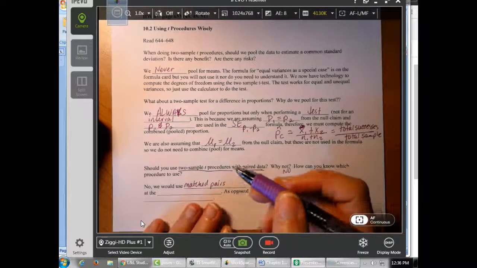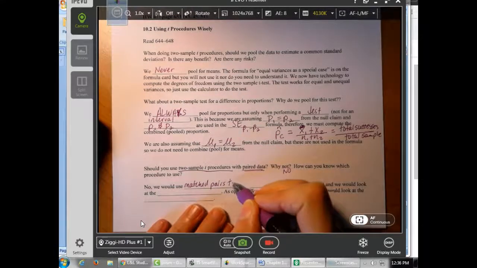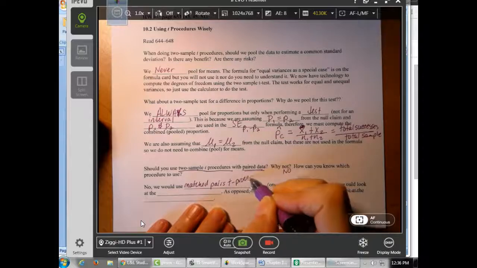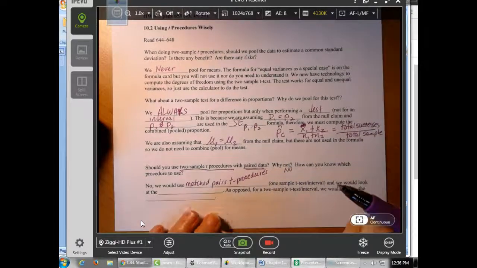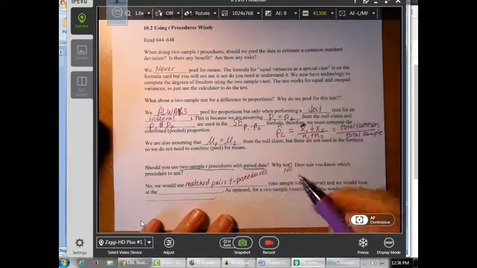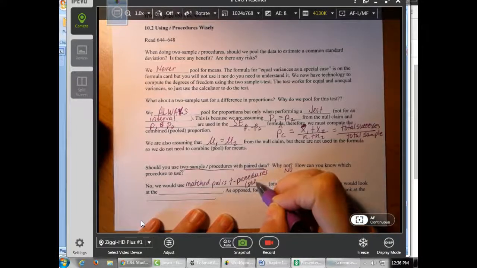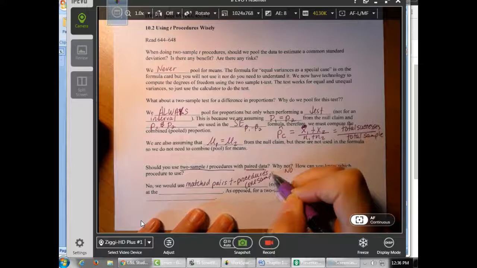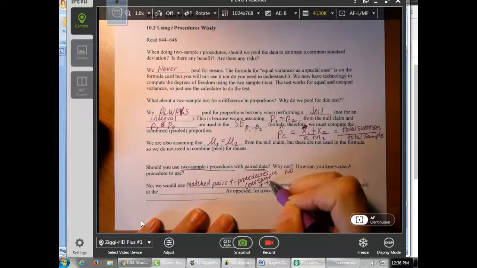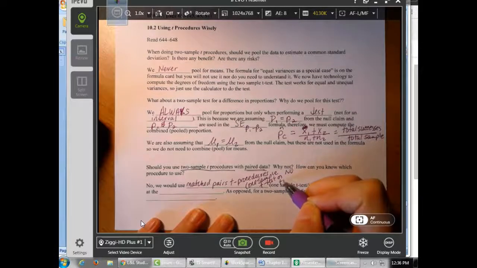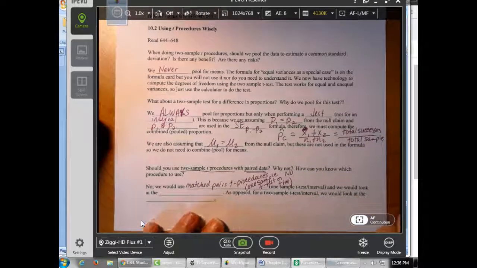So it would be matched pairs T procedures. That's kind of just what we call it. But guess what? That's really just a one sample T test or T interval.